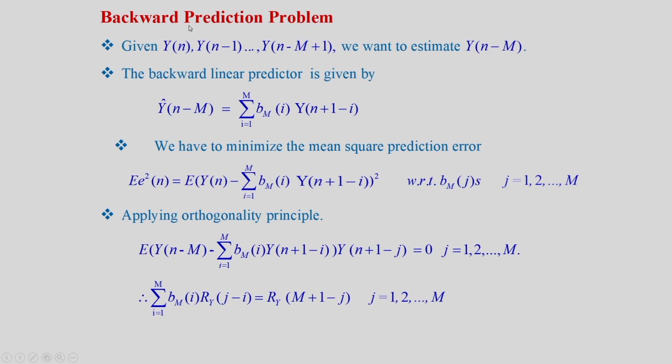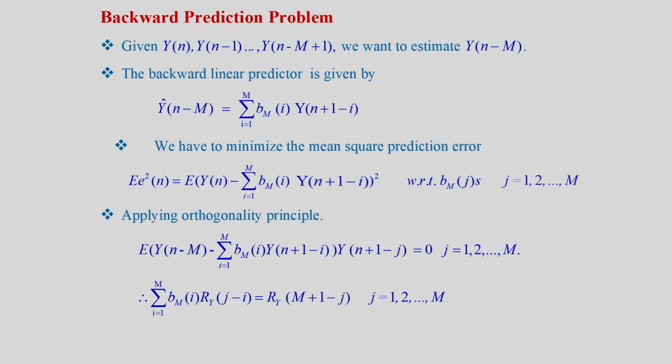We will now consider the backward prediction problem. Given y[n-1] up to y[n-m+1], we want to estimate y[n-m]. So, what is the best estimate for y[n-m] given this data? The backward linear prediction is given by ŷ[n-m] equal to summation b_mi y[n+1-i], i going from 1 to m.